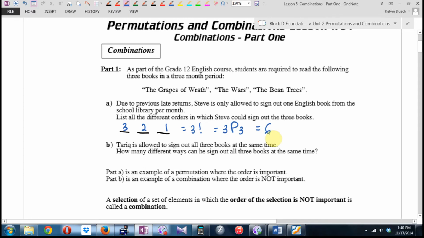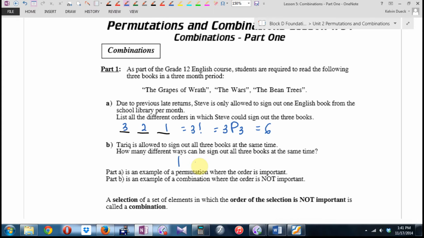Tariq is allowed to sign out all 3 books at the same time. I don't think you care about the order that he signs the books out. I think all you care about is did they read them or not. So how many different ways? Only one way can you sign out all 3 books at the same time. Part A is an example of a permutation where the order changes the question.